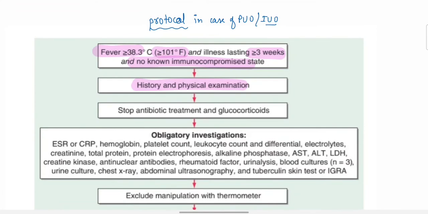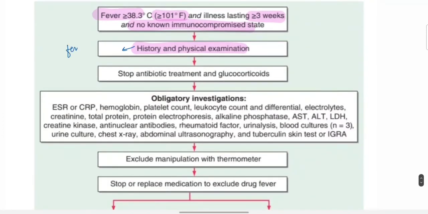What should we ask in the history? History should include the fever pattern, the drug history, recent travel history, sexual history, environmental exposure, previous medical history.